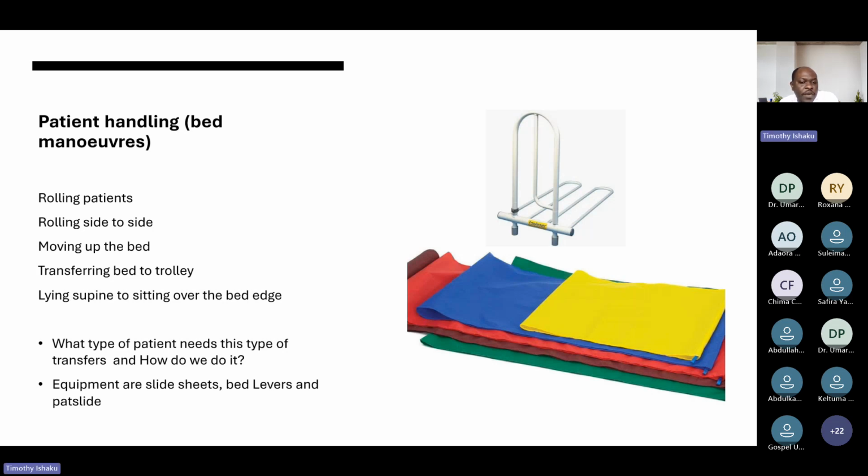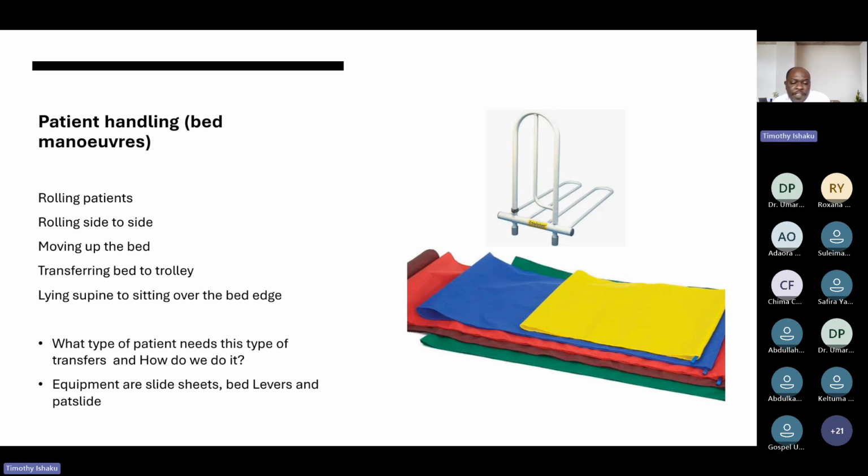What I mean is that when you put the slide sheet on the patient and you want to use it to maneuver the patient, it's best if you face the direction of the movement you are performing, stepping forward and backward so that you are rocking forward and backward.